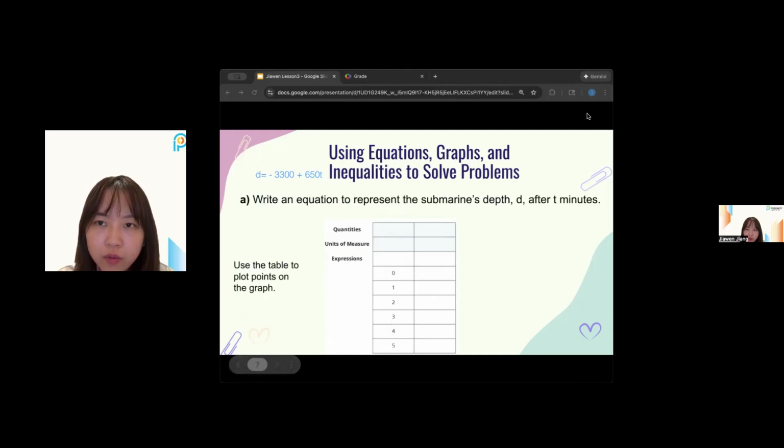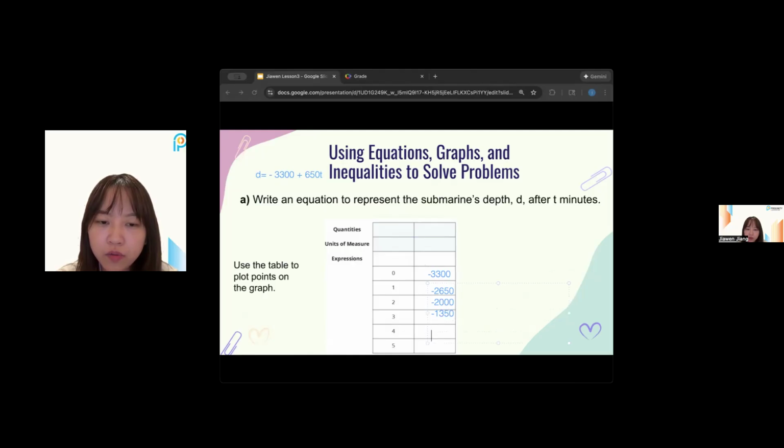So when t equals 0, we already did this before, it's minus 3300, right? And when t equals 1, what answer did we get? We got minus 2650, and when t equals 2, we got minus 1,350, right?